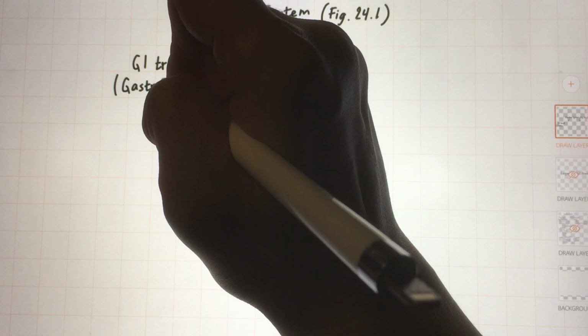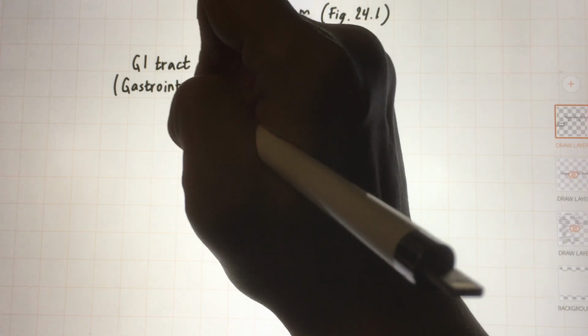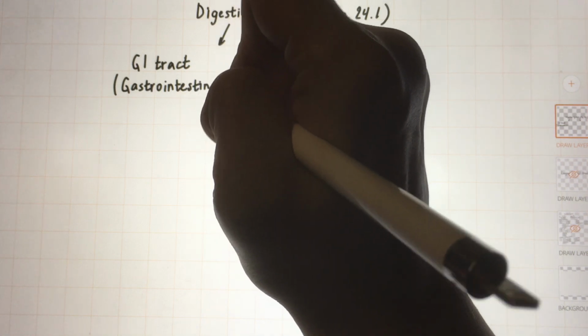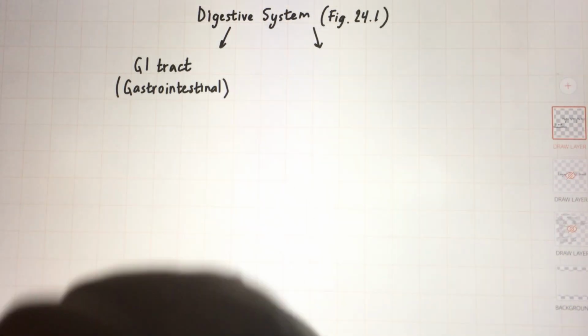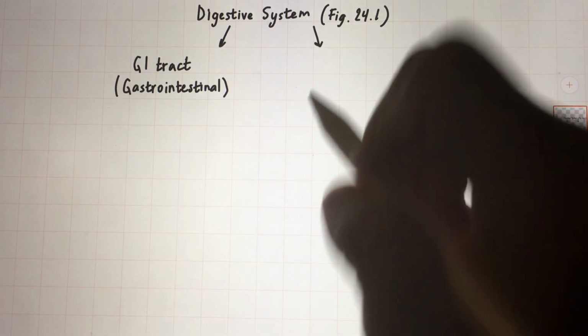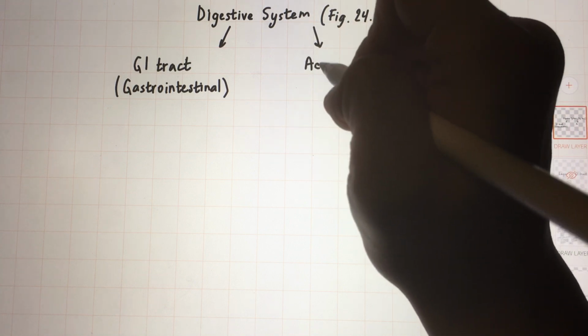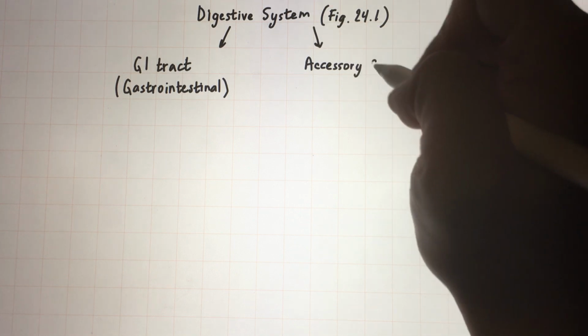It's the G in the GI tract, and I is for intestinal, referring to the small and large intestines. The GI tract is also known as the alimentary canal. And the second part of the digestive system organs are called accessory structures. These are not a part of the GI tract.